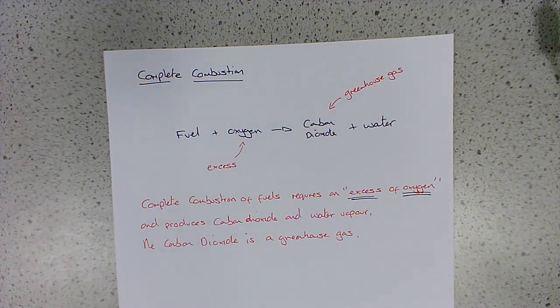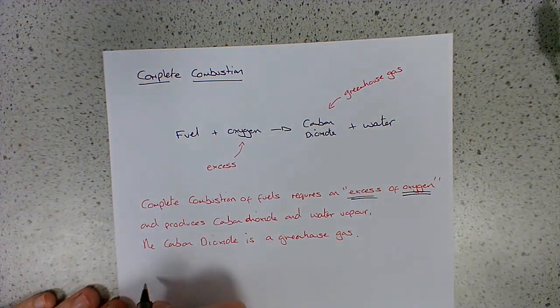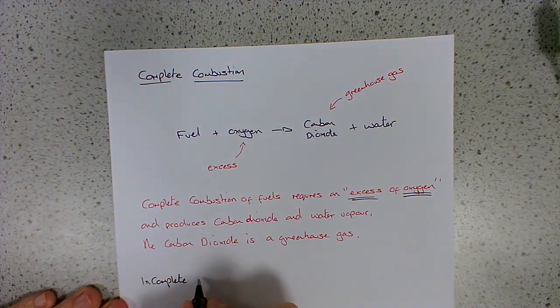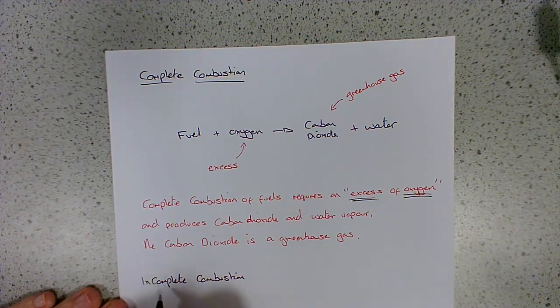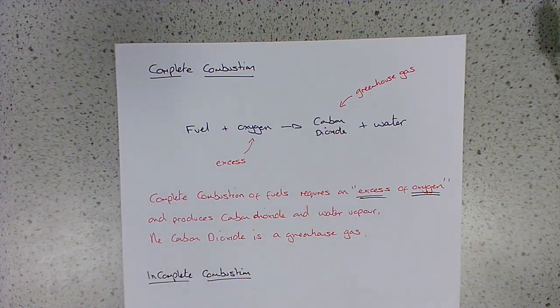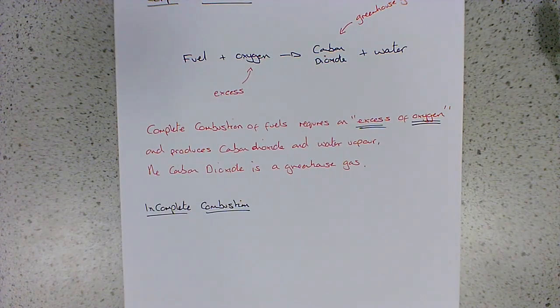Now, if you don't have enough oxygen, we have something called incomplete combustion. Incomplete combustion occurs when there isn't enough oxygen to react with all of the molecules of your fuel, and as a result, you get some slightly different products.